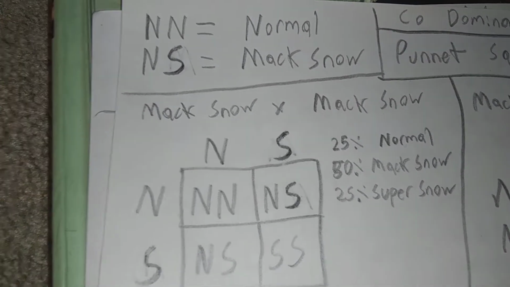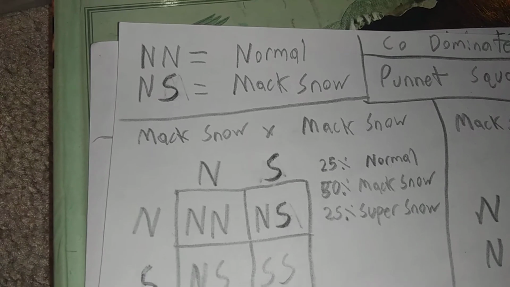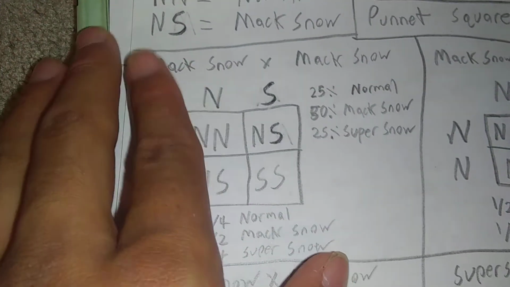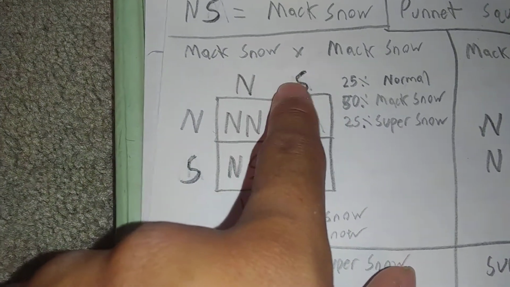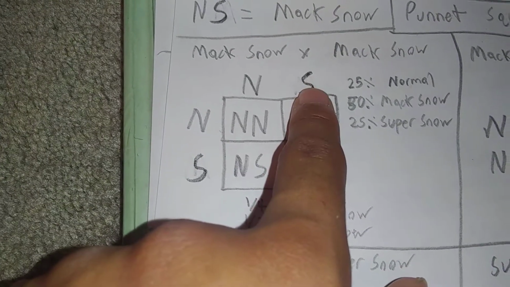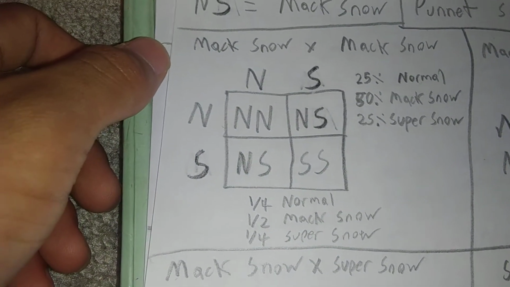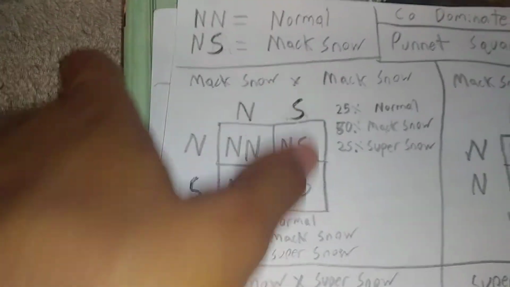If you cross a Mack Snow to a Mack Snow, unlike in recessive, where if you crossed a Tremper albino to a Tremper albino you'd get 100% Tremper, Mack Snow works completely different. Since it is a co-dominant, it's like a dominant, but it only has half, it doesn't have both the genes there. The way that this works, the N goes straight down, the S goes straight down and across, just like that.